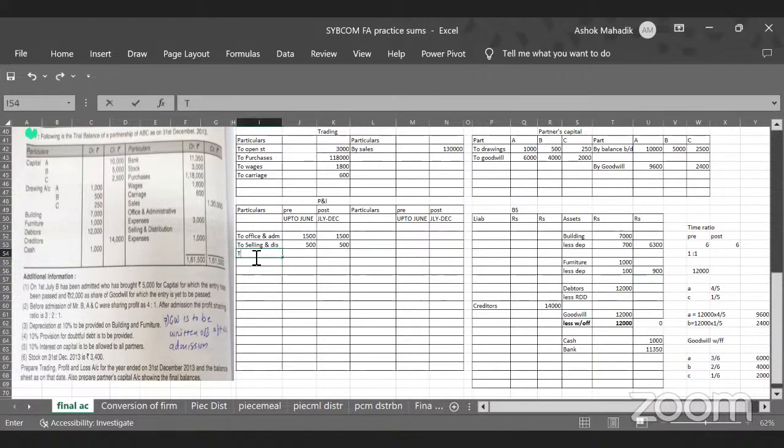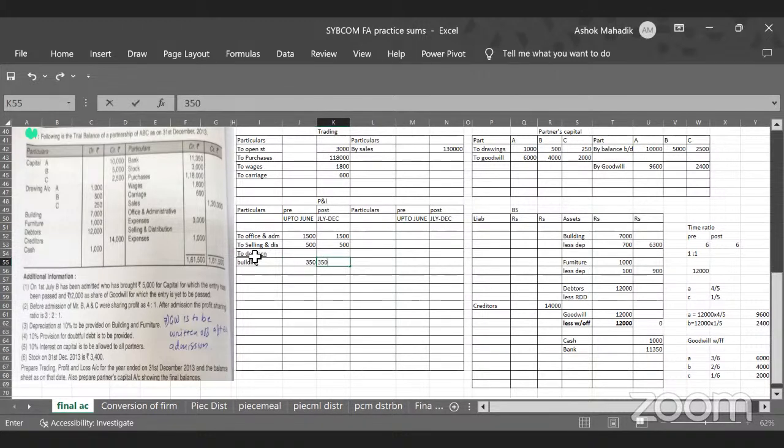We'll write to depreciation. Below that, I'll write on building. Now, what is the total amount? 700. So divide equally. Since 6 months are there, 350 each in the pre and post columns.